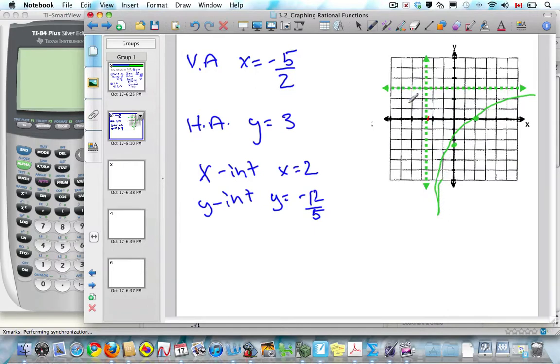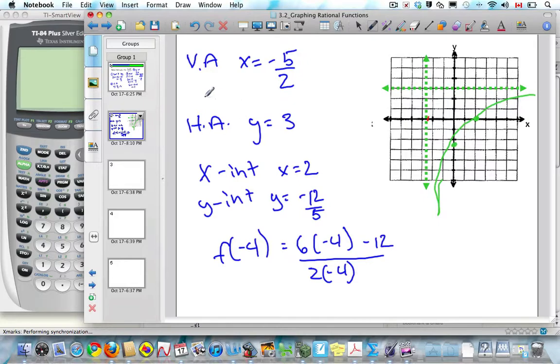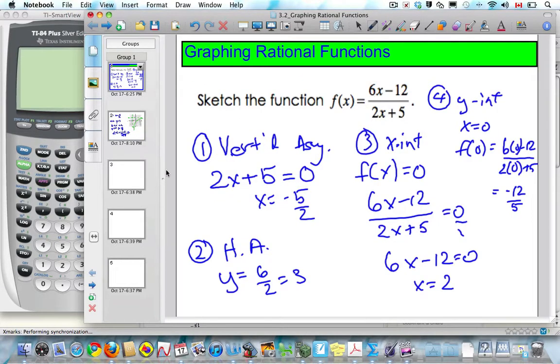Now, to find the other half, is it going to be below this horizontal asymptote or above it? Well, experience tells me where it's going to be, but if I'm not sure, what I do is pick a point on the other side of negative 2.5. So let's pick, I don't know, negative 4, let's say. I'm going to plug in f of negative 4 into my function, which is 6 times negative 4 minus 12 over 2 times negative 4, and I think it's plus 5 if I'm not mistaken. Plus 5.